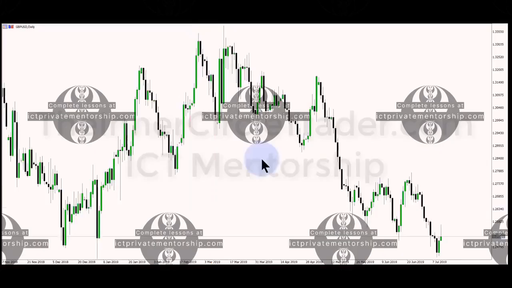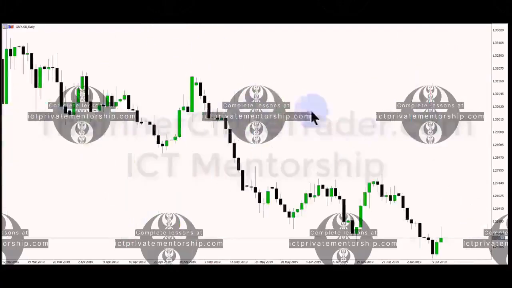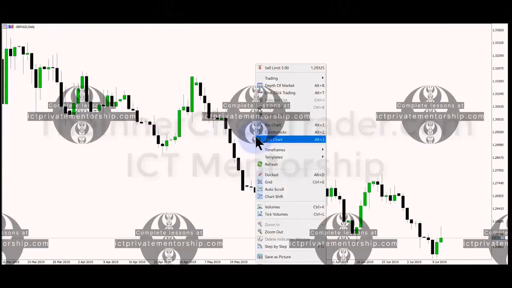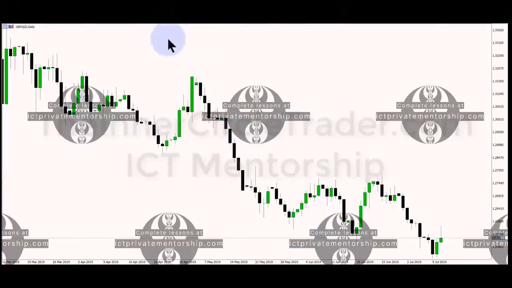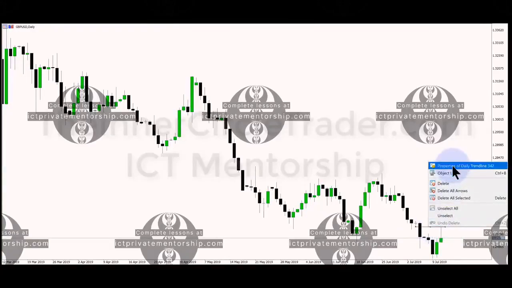Now if we go into the British pound on the daily chart here, I want you to zoom in here with me. We have a fair value gap, complete closure here.